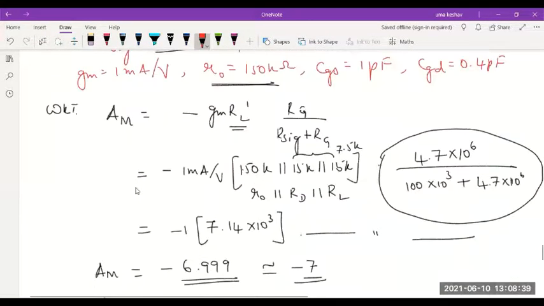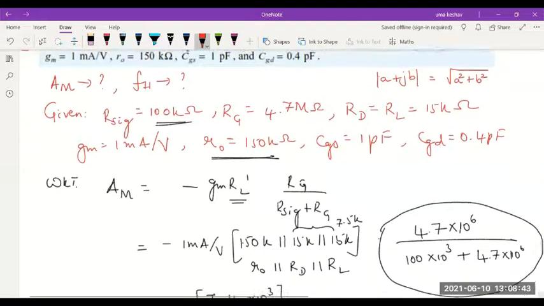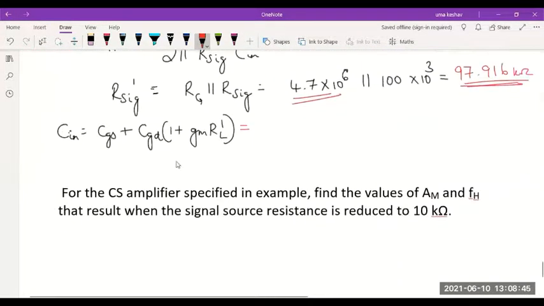What is CGS? 1 picofarad. CGD is 0.4 picofarad. CGS is 1 pico, CGD is 0.4 pico, into 1 plus GM is 1 milli, 1 milli into RL dash.